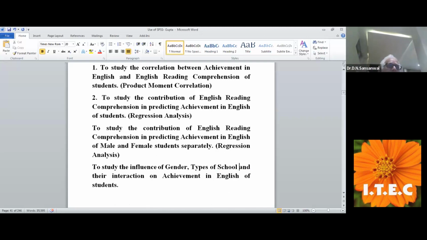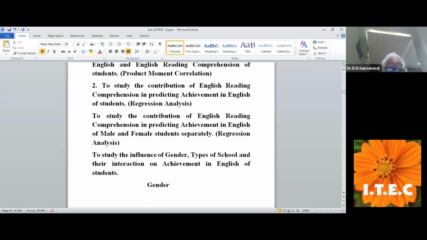Can you tell me on the basis of what your population should be bifurcated? First of all, it is bifurcated on the basis of gender.